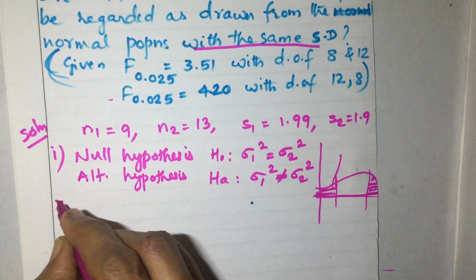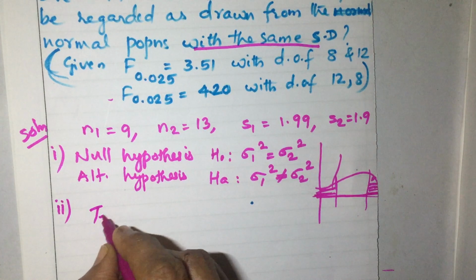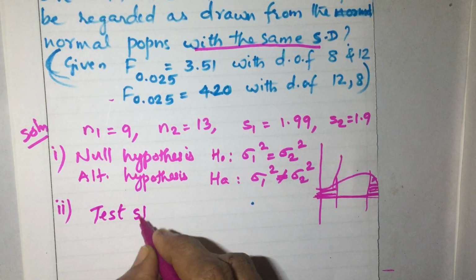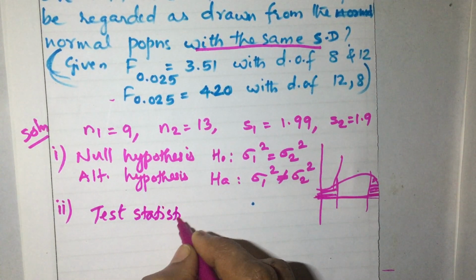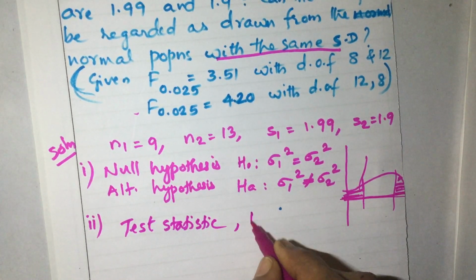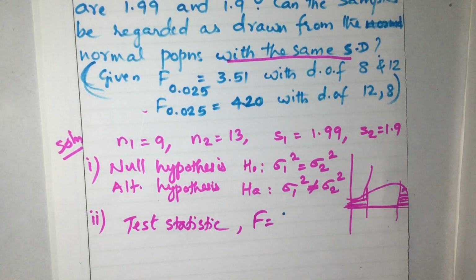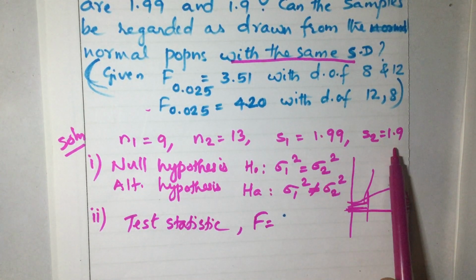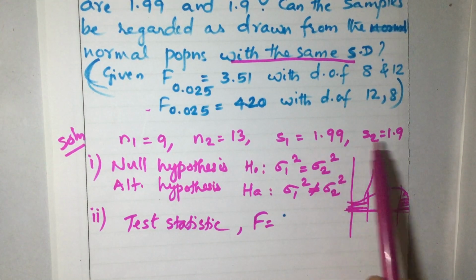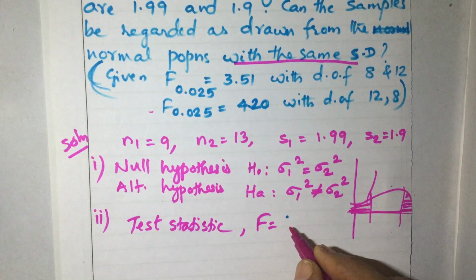Now second, we will calculate the test statistic. So here we will calculate F is equal to S1 square upon S2 square. Here you can see S1 is more than S2, so the standard deviation of this one is larger. So I am going to use S1 square upon S2 square.